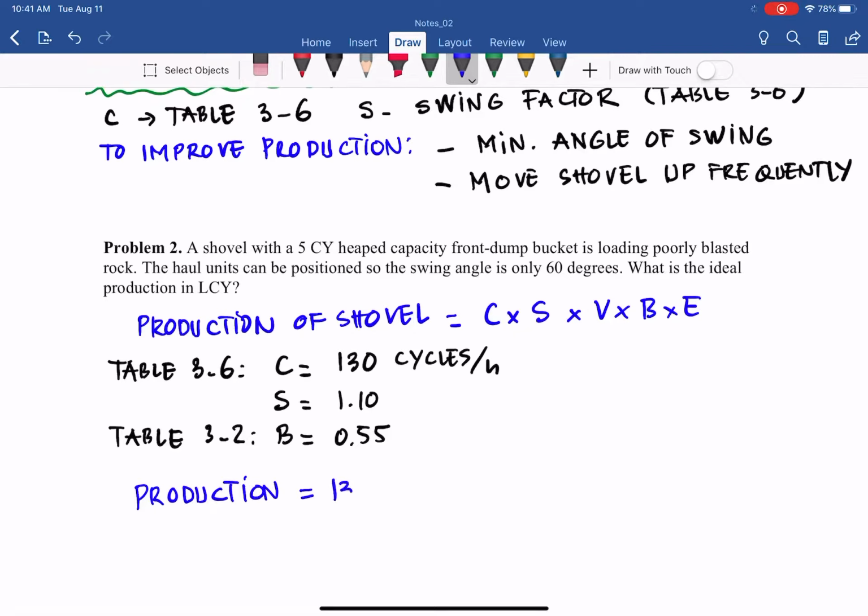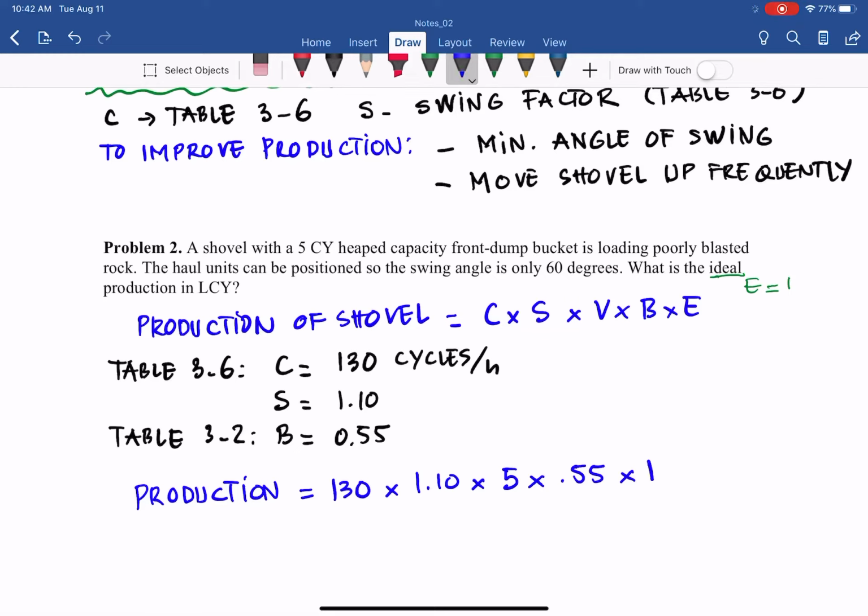So from that we can have the production equal to the number of cycles 130, times swing factor 1.1, times heap bucket volume 5 cubic yards, times bucket fill factor for the polyplastic rock 0.55, times efficiency. It is the ideal production that the problem gives us, so E equals 1.